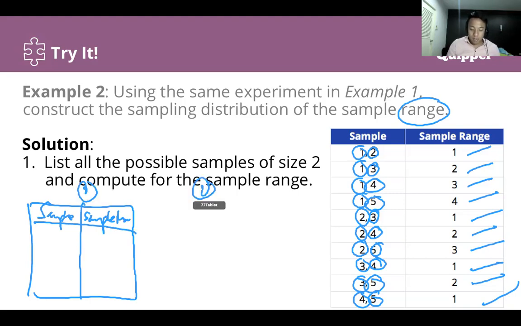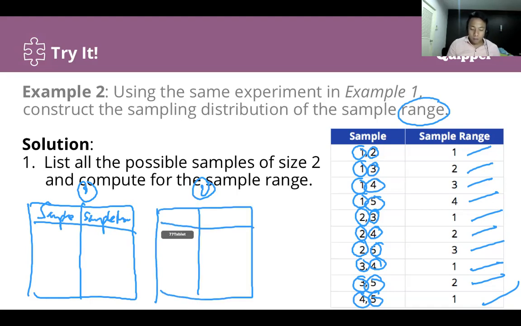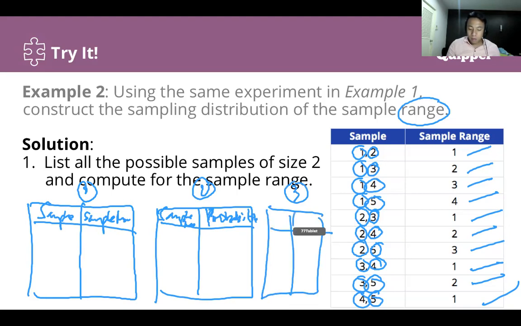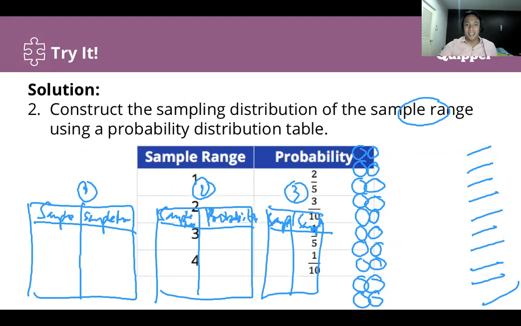Second table natin is we will simplify it using sample mean only and the probability. Okay? And then for the third table, it only includes sample and sample range. Okay? So we have 3 tables in sampling distribution. Did you get it? You must get it.